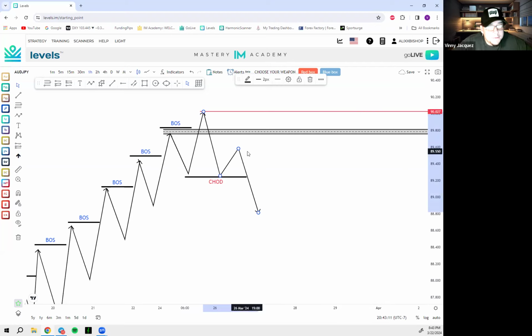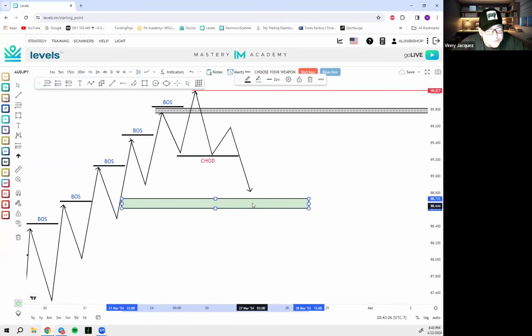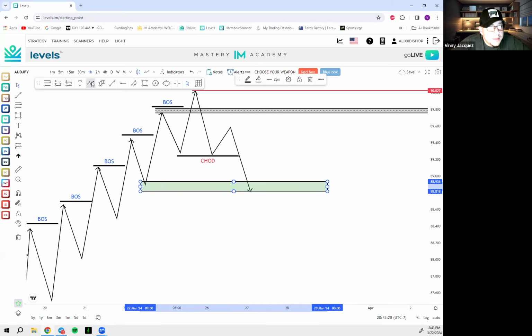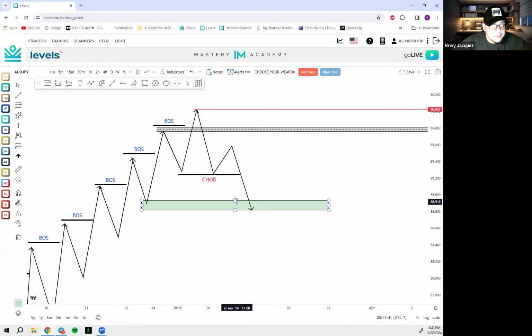If you're seeing something like this on the 5 minute, and on the 1 hour the market's been going crazy, definitely continue with the trend, because this can easily be a pullback to maybe a starting point down here, or right here, and then we can just continue up. So make sure you're looking at a time frame or two above the time frame you trade, just to see the trend. Just keep that in mind.